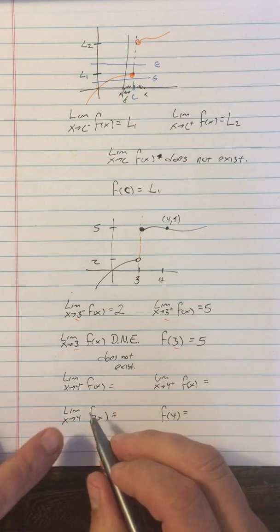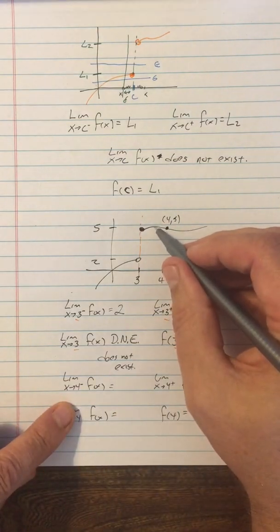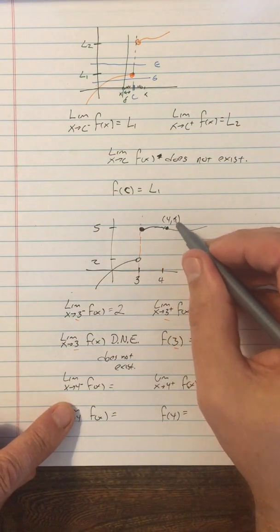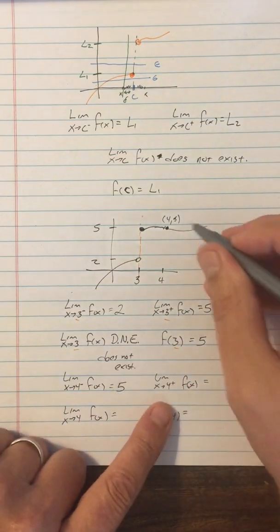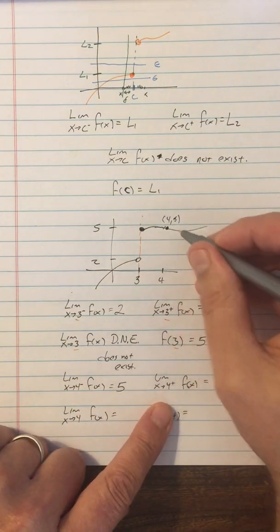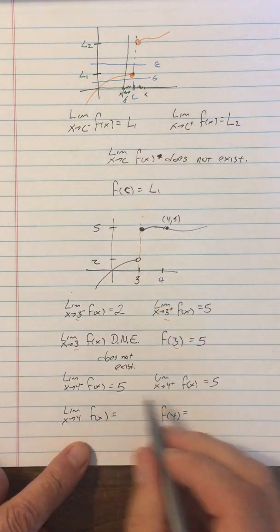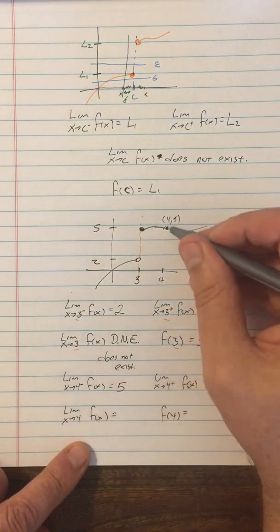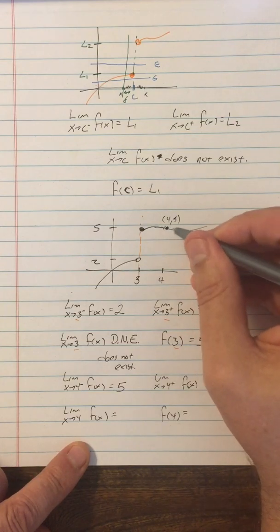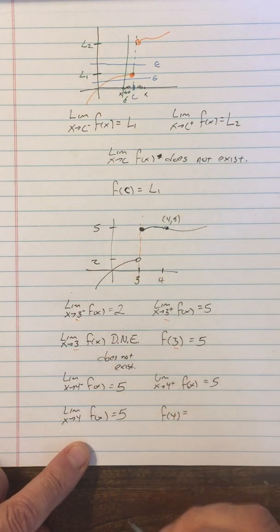Okay, your minute's up. Limit as x approaches 4 from the left: as we approach 4 from the left, our y values are approaching 5. As the x's approach 4 from the right, the y values are again approaching 5. Since the limits from the left and right are the same, as we approach 4 from either direction, that limit is 5.